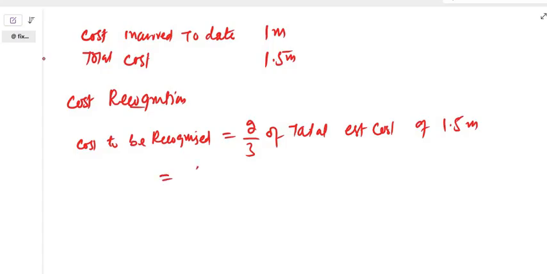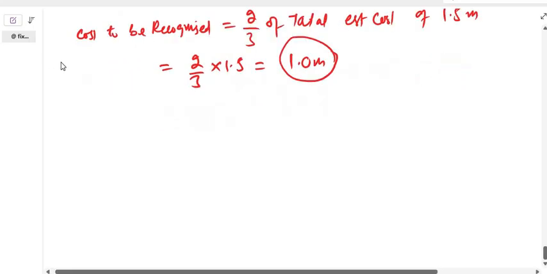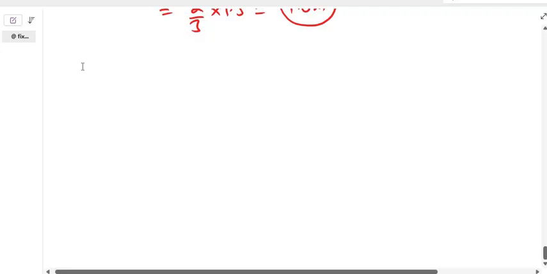So it will be 2/3 multiplied by 1.5, and then you will have this amount. This is your cost. Now, okay, now your gross profit.